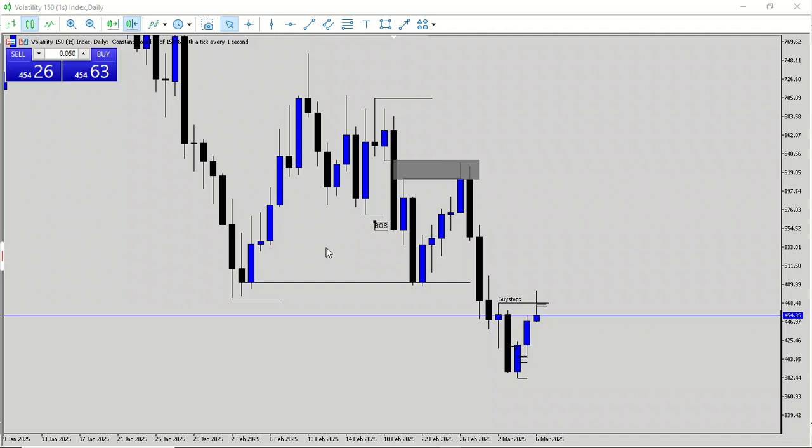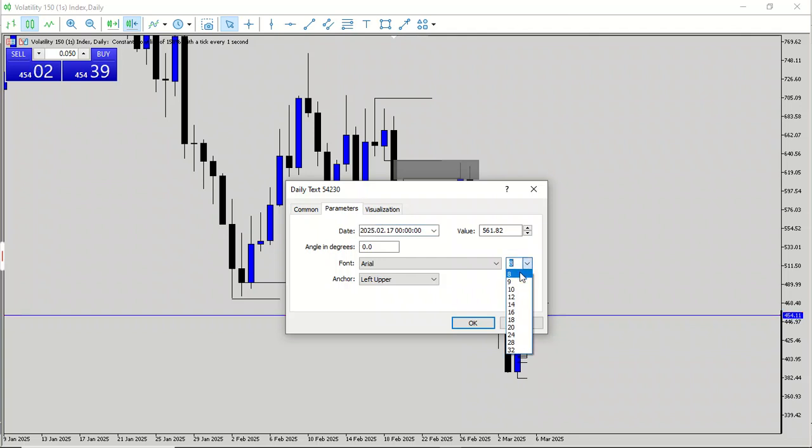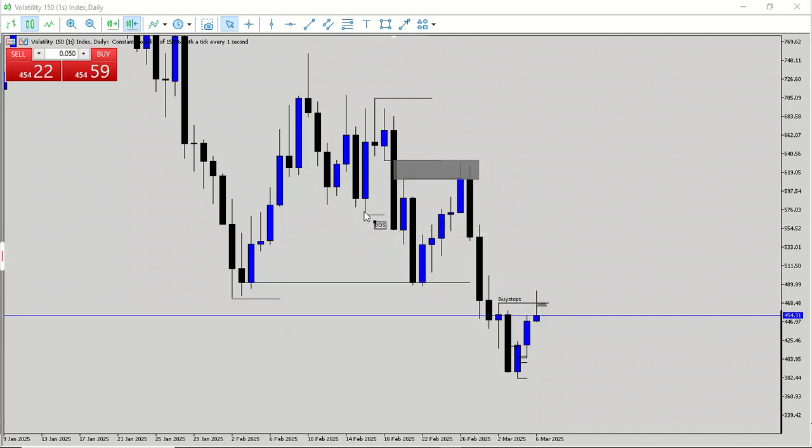So the next thing to do is this text is too big, so put it on 7. Okay, cool.